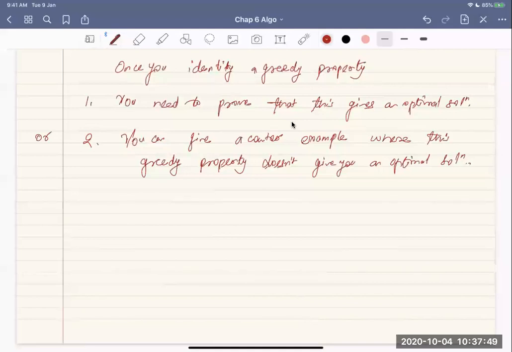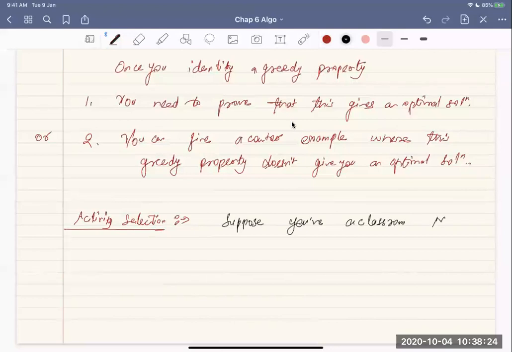Let's take a problem that is called the activity selection problem. Think about a classroom. Suppose you have a classroom, some classroom, NR121.